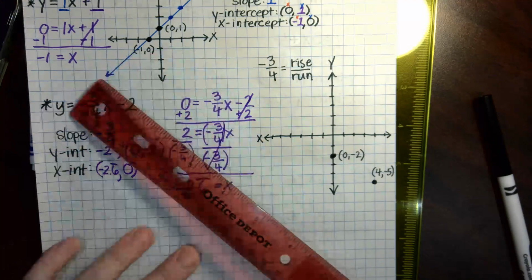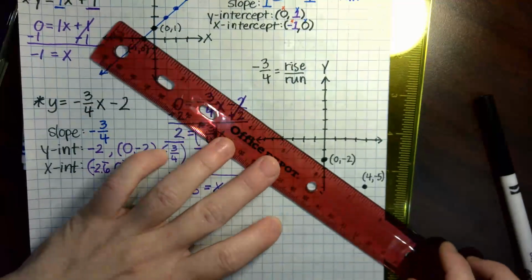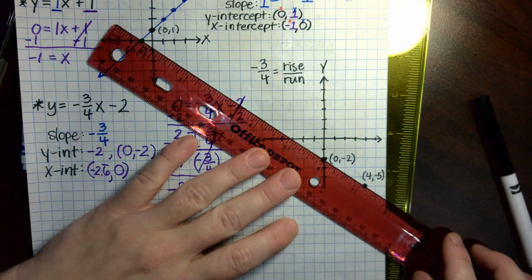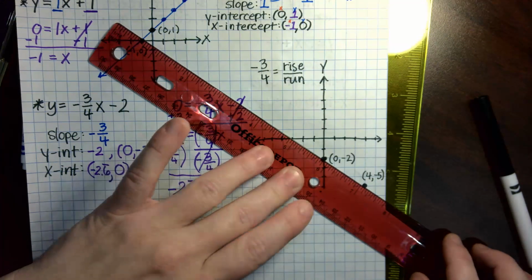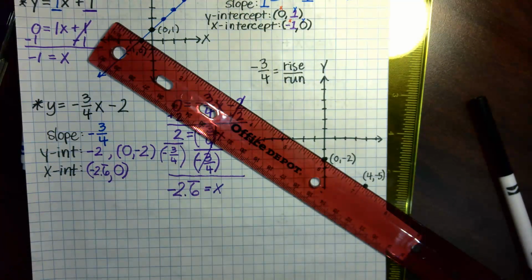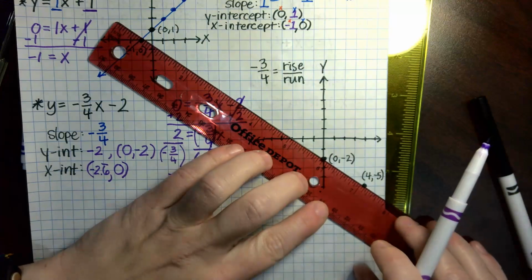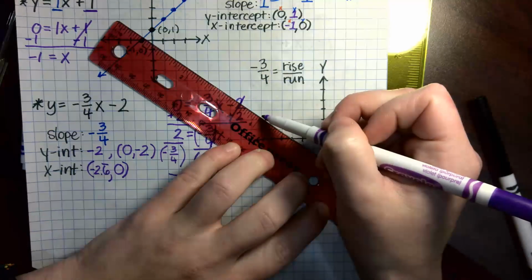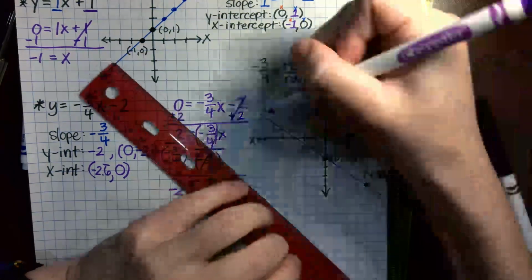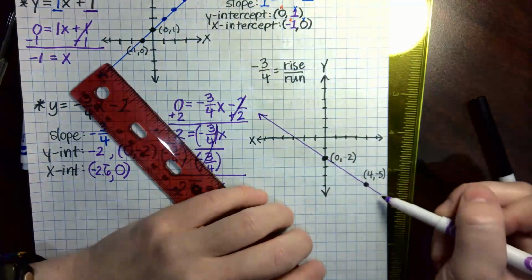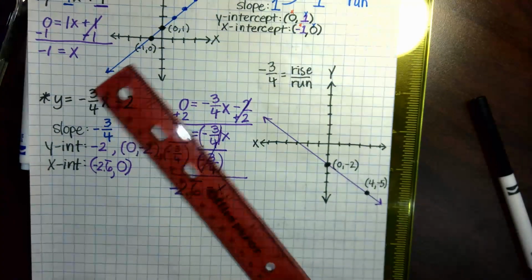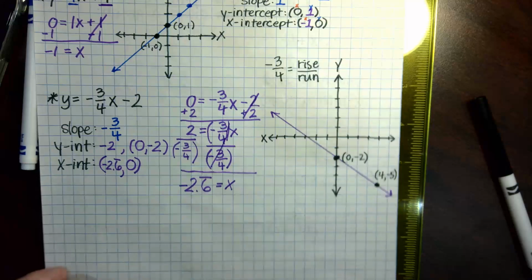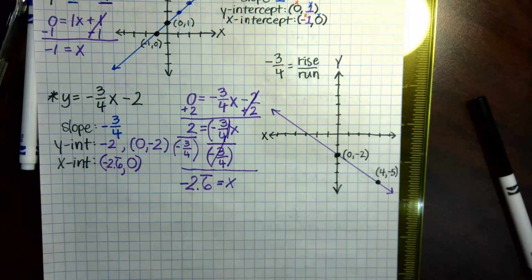We're going to just connect these 2 dots that we found. So we're going to line it up, and we're going to draw a nice pretty line right through it. And don't forget your arrows on the ends. Alright guys, that is going to be our line for y equals negative 3/4 x minus 2.